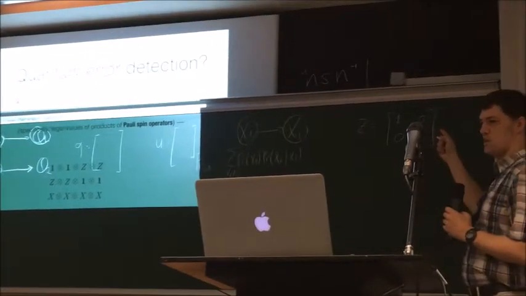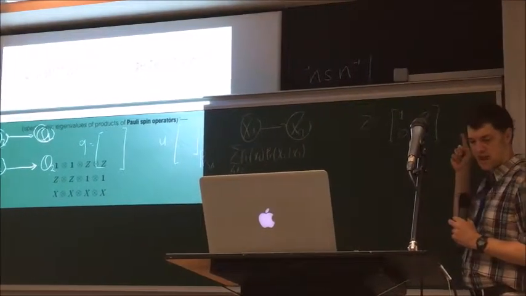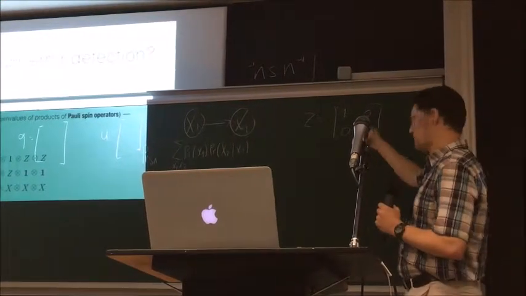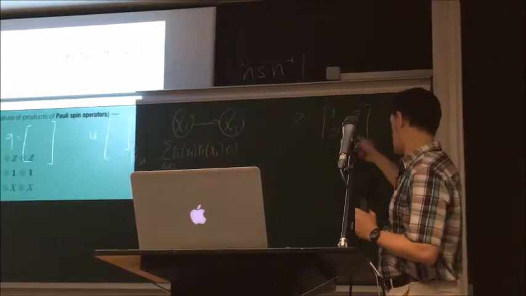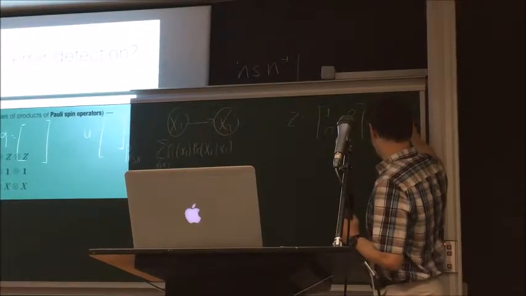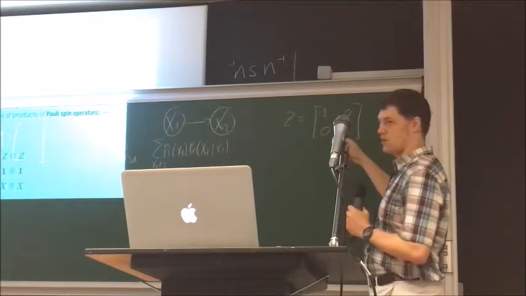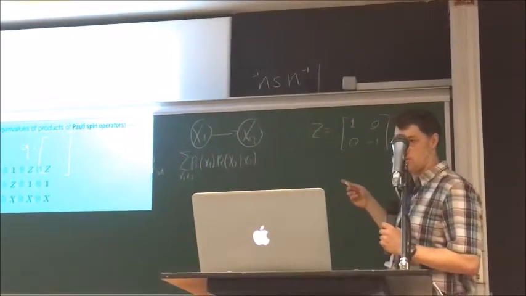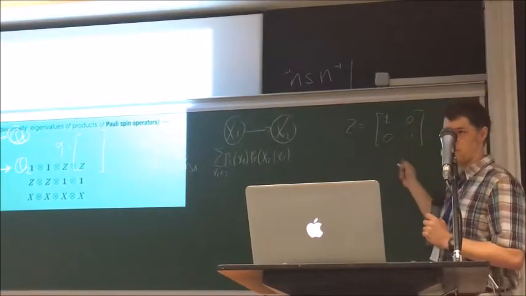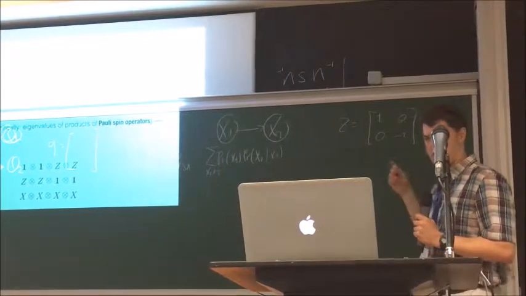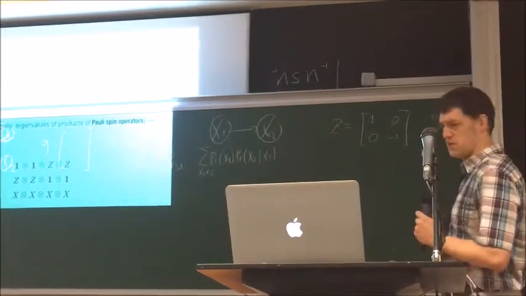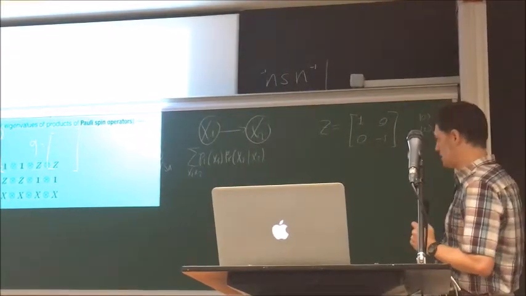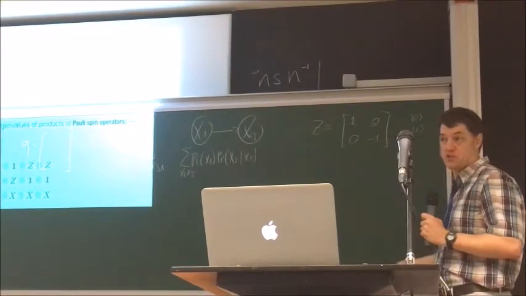So this is the Z matrix, and we're thinking of this as an observable, something you want to measure. We're interested in the eigenvectors of this matrix, which are just the state 0 and the state 1, and they've got eigenvalues plus and minus 1. If you think about this as something that you can measure, it distinguishes them by the different eigenvalues, which would correspond to different measurement outcomes. So you can think of Z as a shorthand for describing the standard basis. Might be an unusually algebraic shorthand, but it's a shorthand.